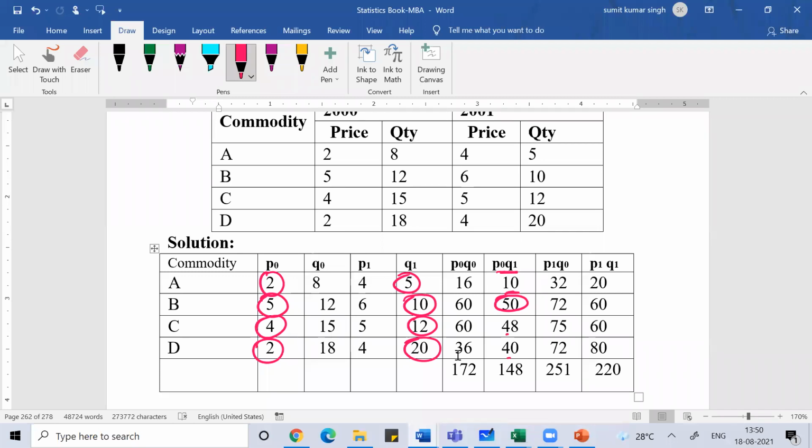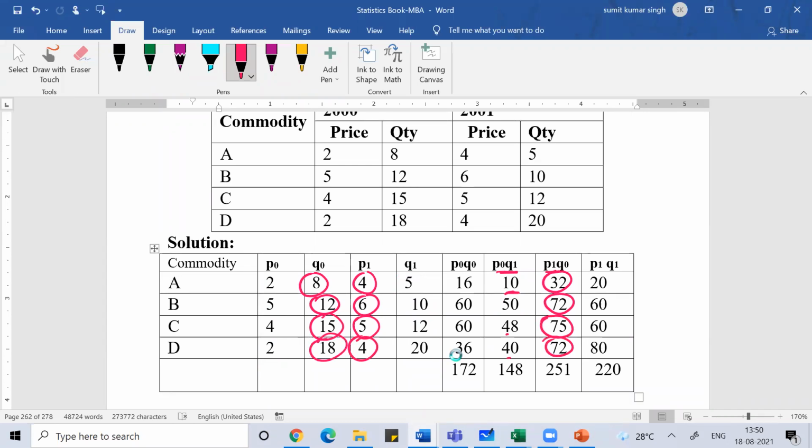The word itself tells you the meaning. If I want P1 Q naught, it means P1 into Q naught. 4 into 8, 32; 6 into 12, 72; then 5 into 15, 75; then 18 into 4, 72.